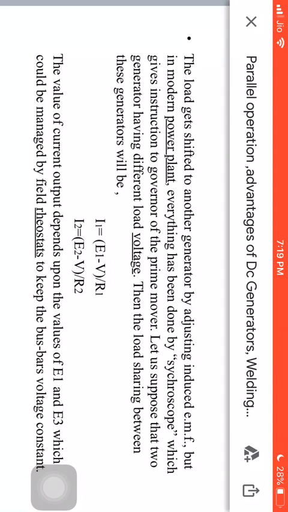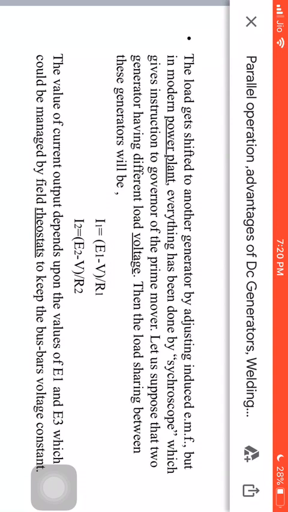The value of current output depends upon the values of E1 and E2, which could be managed by field rheostats to keep the bus bar voltage constant.